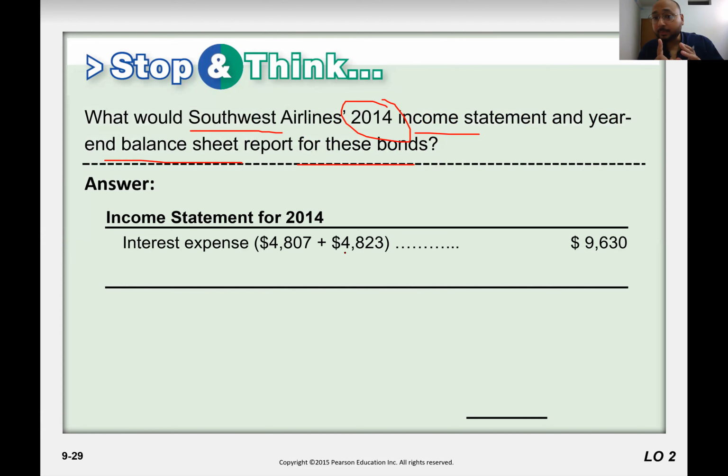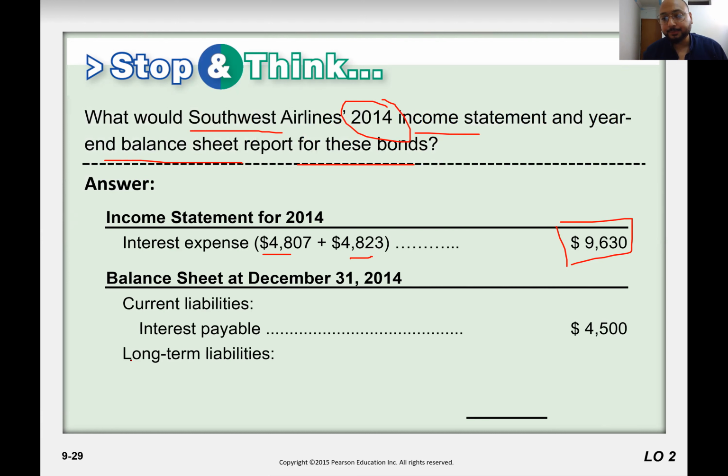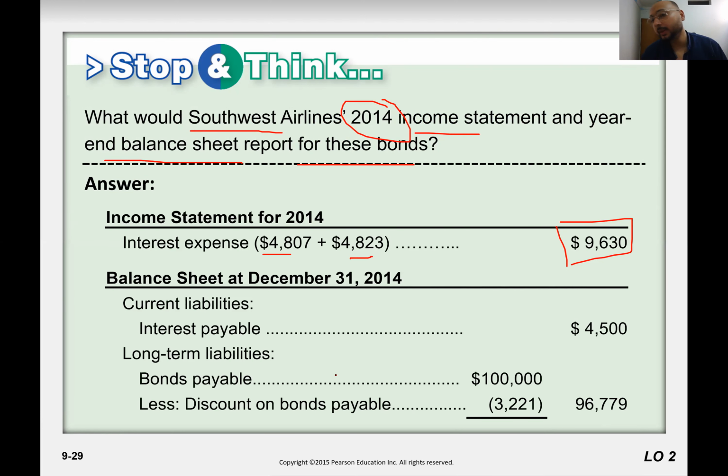because the income statement is made after year end, so it covers the whole year. This is one semi-annual interest plus the other semi-annual interest expense. So total interest expense is going to be 9,630, and on the balance sheet it will be reported here. So why is there 4,500 interest payable?